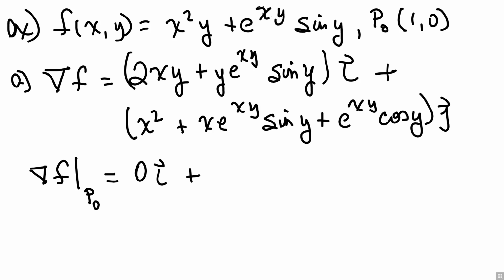It's going to be 2. Yeah, I get 2 in the j direction. Or I would simply say it's 2 in the j direction. All right. Any questions there?